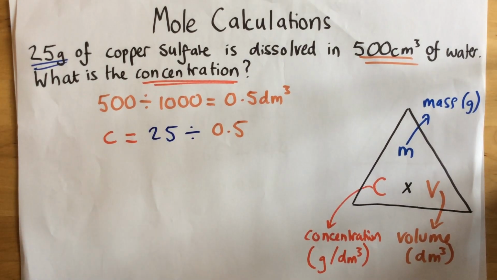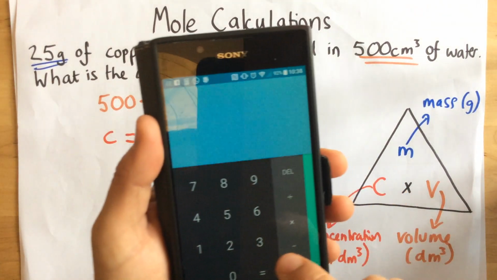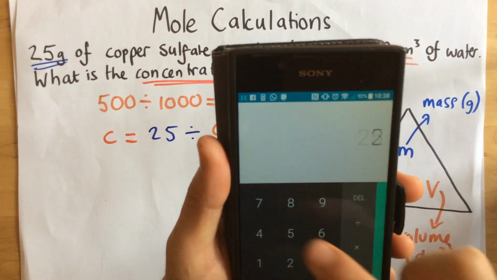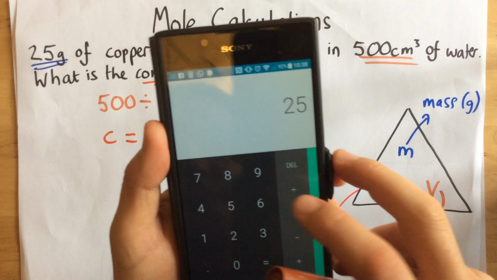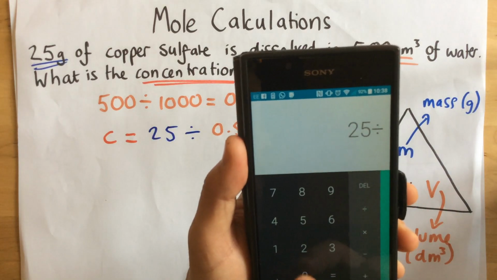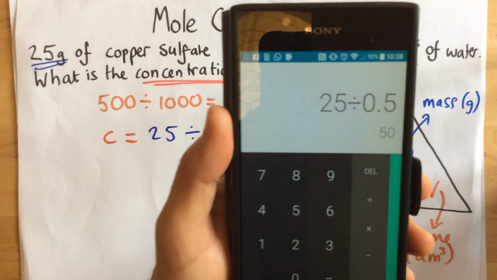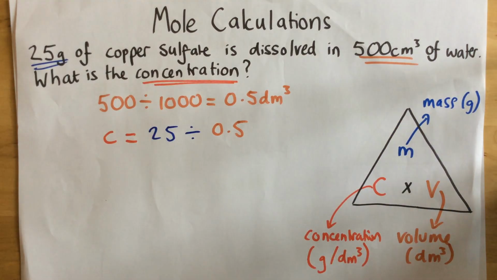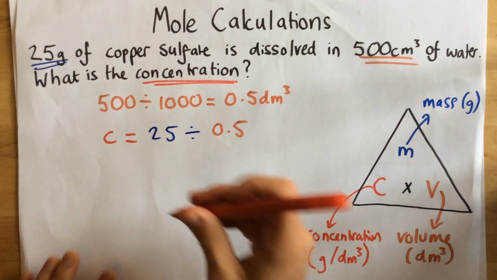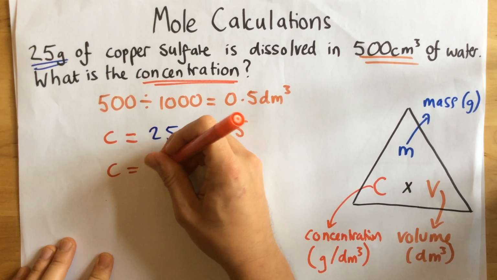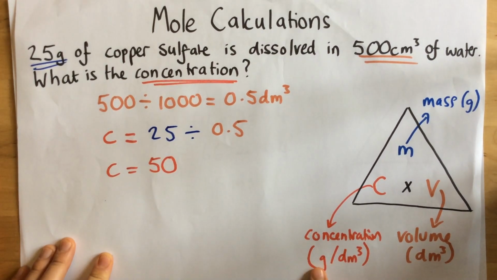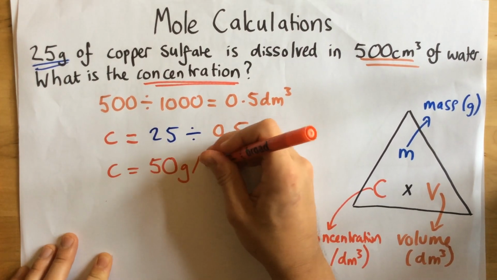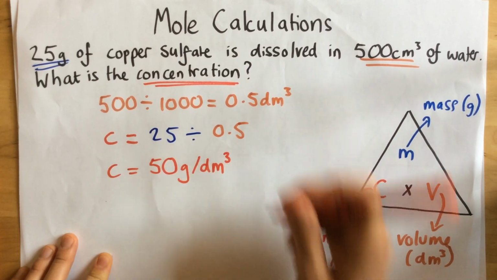I'm going to do that on my calculator just to double check. Remember, even if you think you could do it in your head, always use the calculator to double check. 25 divided by 0.5 is 50. So my concentration is 50, and remember the unit for concentration is grams per decimetre cubed.